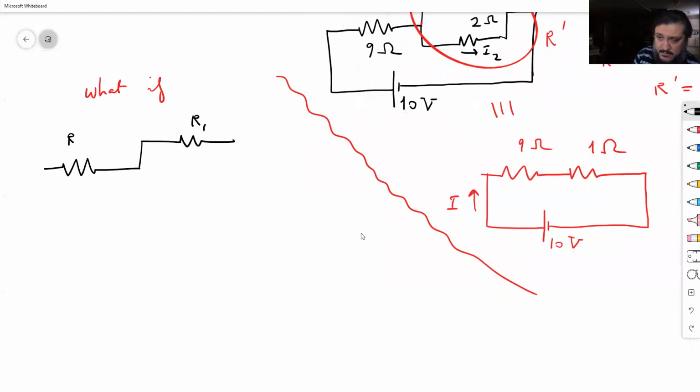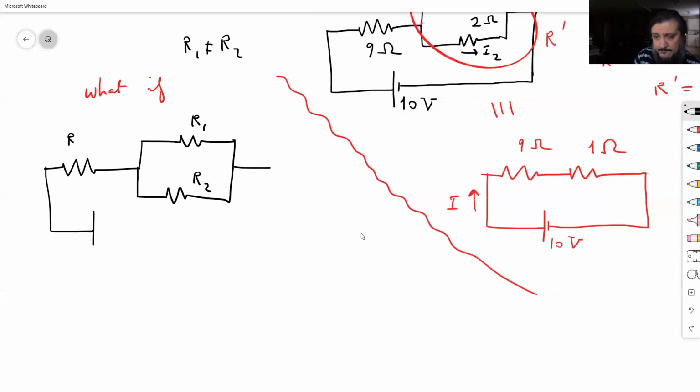R1, R2, and R1 is not equal to R2. Okay, so what would I do?